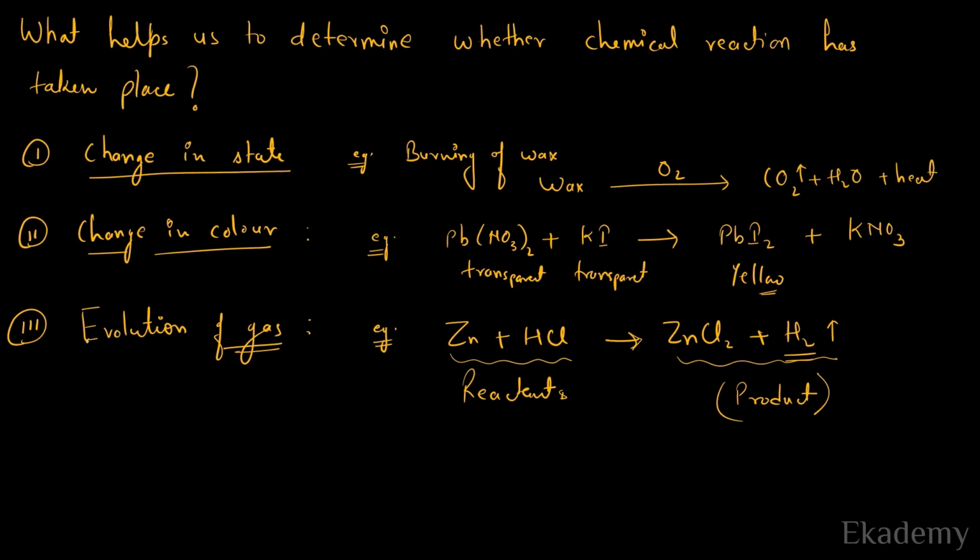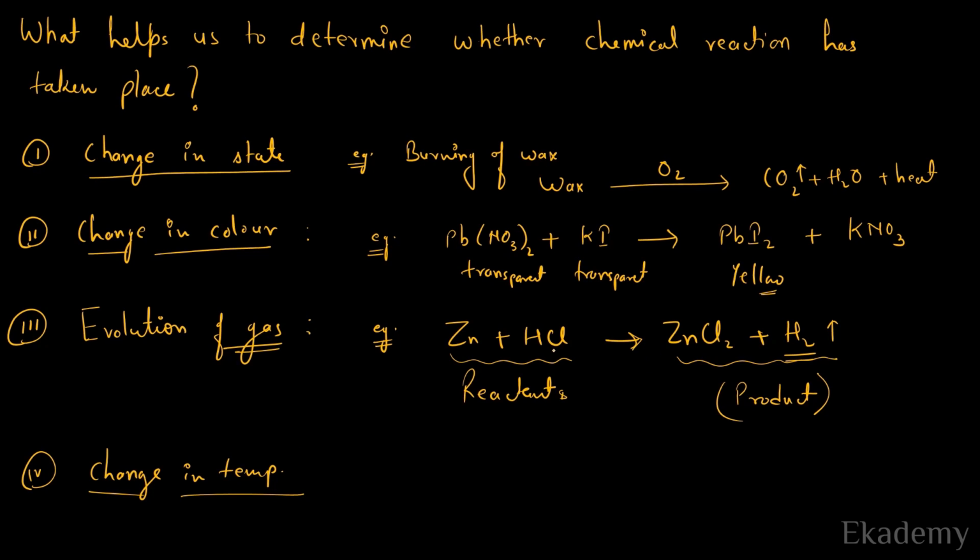Now there are several other parameters which we can use to determine whether a chemical reaction has taken place. The next parameter is change in temperature. If during a reaction the temperature of the reaction mixture increases or decreases, then we can say that something is happening inside that reaction mixture. That means there is some chemical reaction taking place inside it.